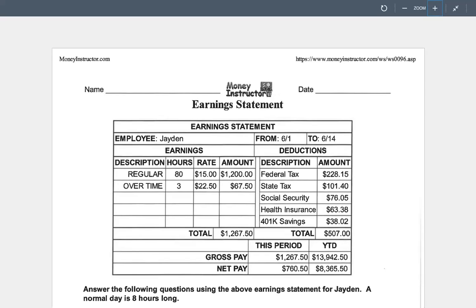So if you take 80 hours times $15, that's when you'll get your amount.